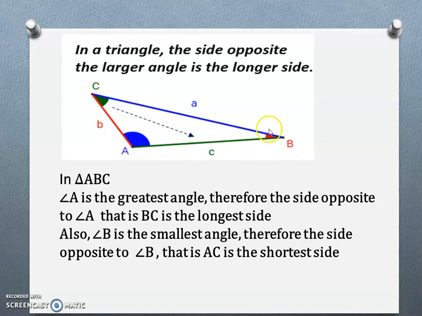In the same way, this is the smallest angle, angle B, and opposite to that you have the side AC, which will be the smallest side of the triangle. So in a given triangle, the side that is opposite to the biggest angle is the longest side, and the side that is opposite to the smallest angle is the smallest side. So this is the second property.